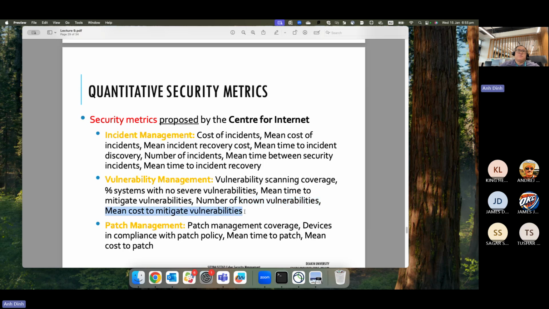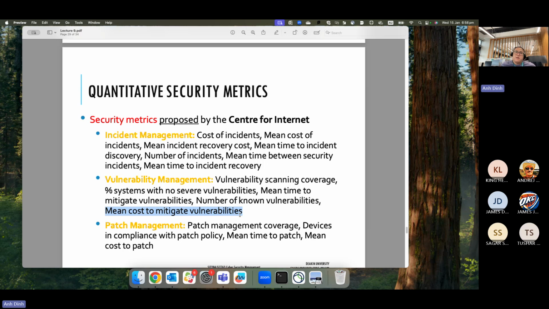Because if you group all the vulnerabilities together, the data might not be meaningful, especially if you rate some vulnerabilities higher than the others. So for example, if you use this metric and the mean cost of mitigating a vulnerability is quite low, because some of the vulnerabilities are very cheap to fix.